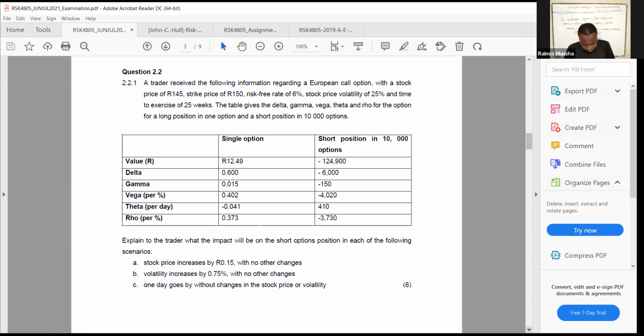In the scenario, they tell us that the stock price increases by 0.15 rand with no other changes. So the change in the stock price is going to affect our gamma and our delta.